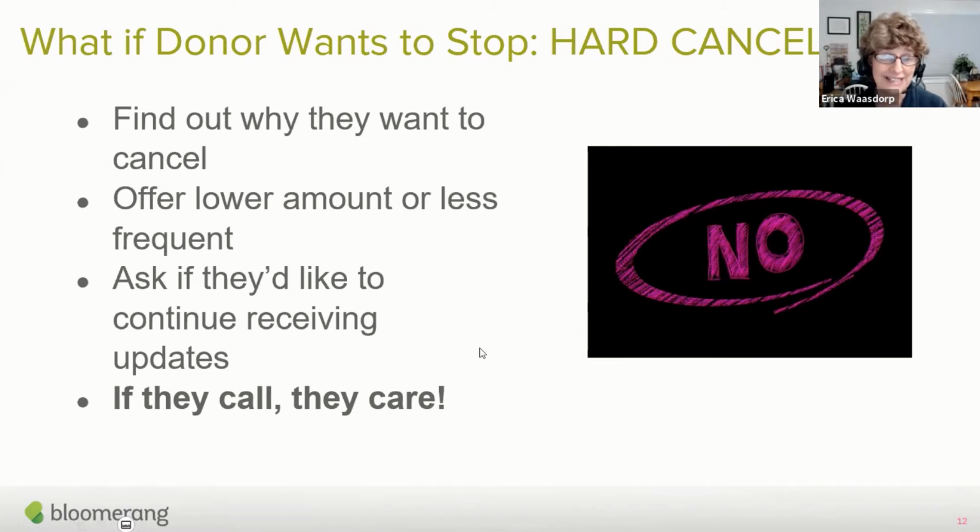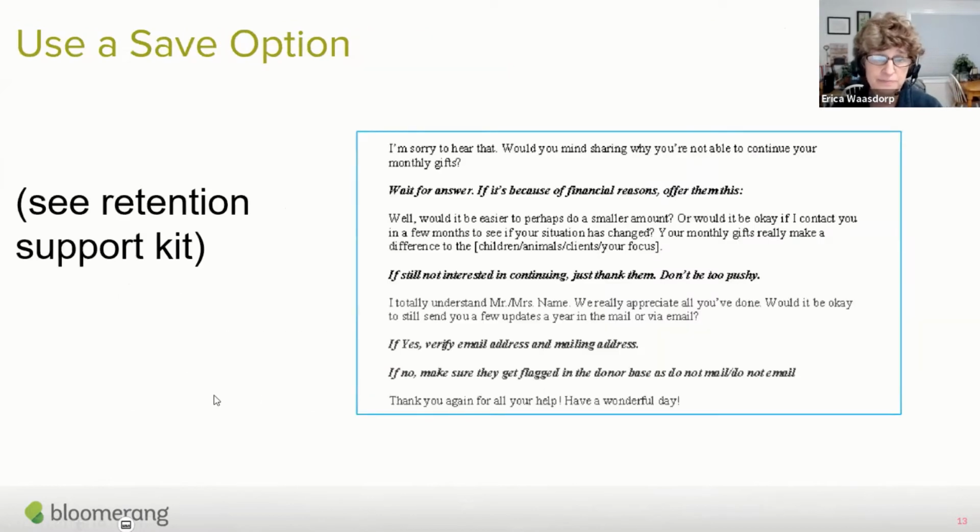If they call, they care. So hard cancels, the donor takes the initiative. As I mentioned, a save option is a great option. So if you have people that are answering the phones in your organization, make sure that they have access to this little script. And there's actually a special retention support kit that is part of the handouts that you're going to get tomorrow as well.